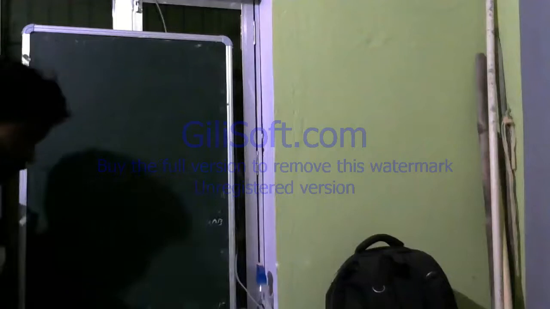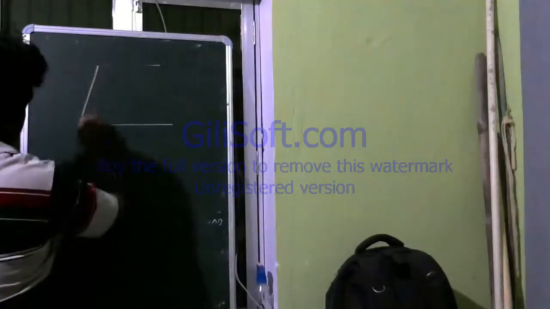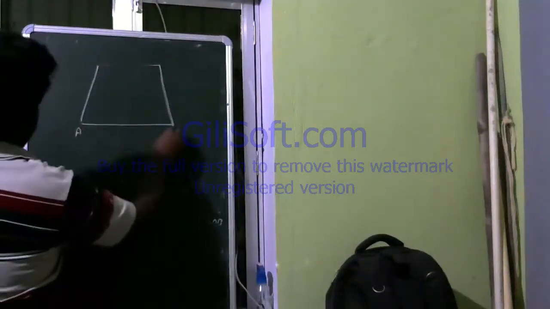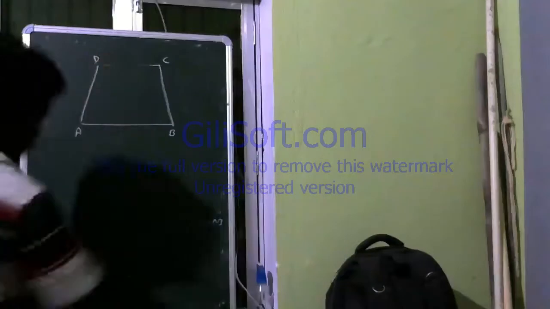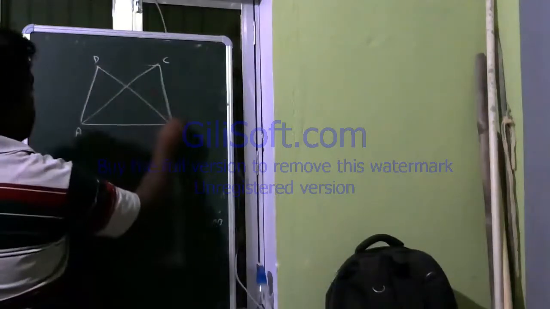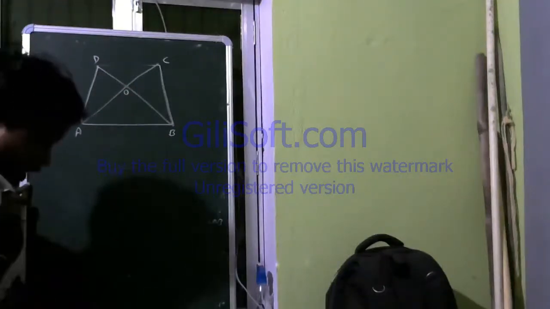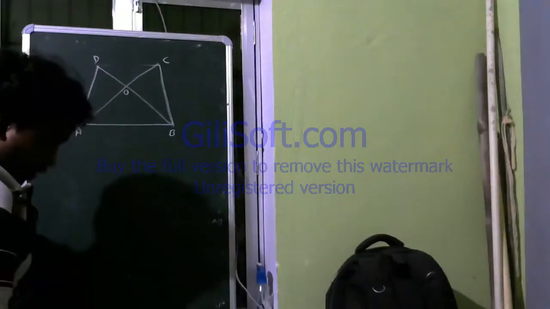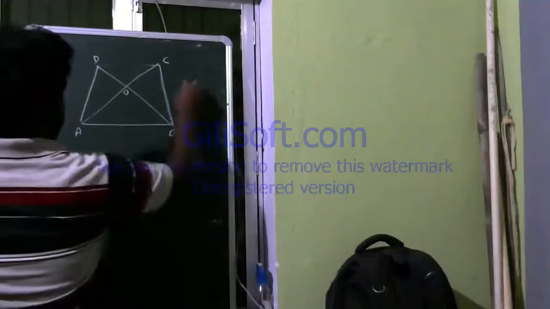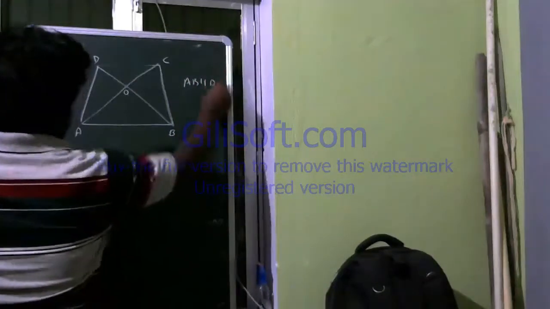Now look here, what is given first? It is given ABCD is a trapezium, and these two are the diagonals. The diagonals intersect each other at point O. Diagonals AC and BD of trapezium ABCD. It is given AB parallel to DC.